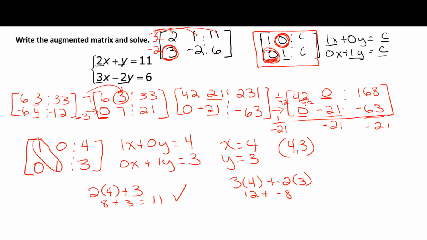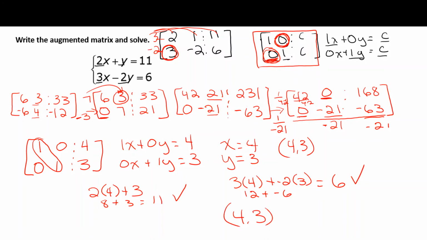Oops, that's not negative 8, that's negative 6. Okay, so 2 times 3 is negative 6. So 12 plus a negative 6 is indeed 6, and it works out, and so that's a check. So in the end, your solution set is 4, 3.